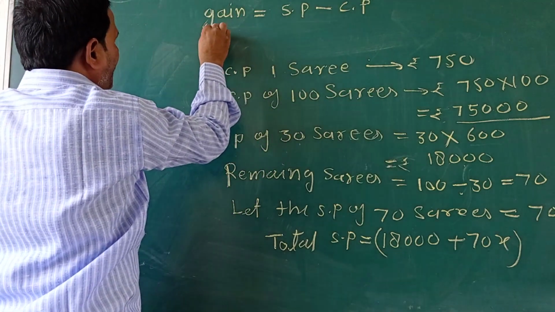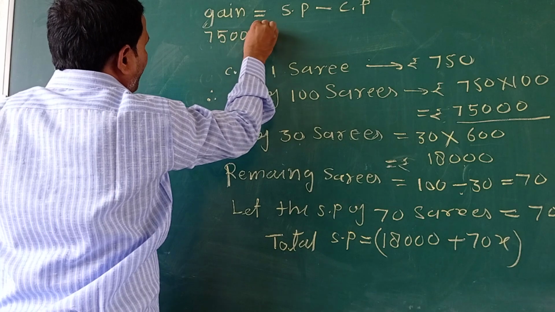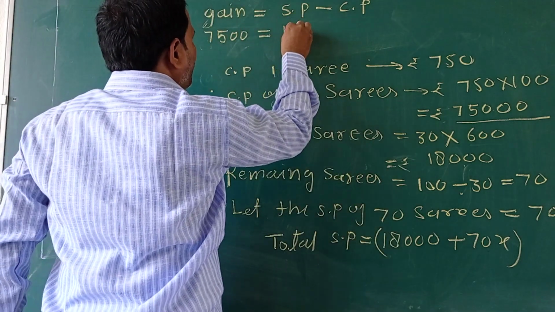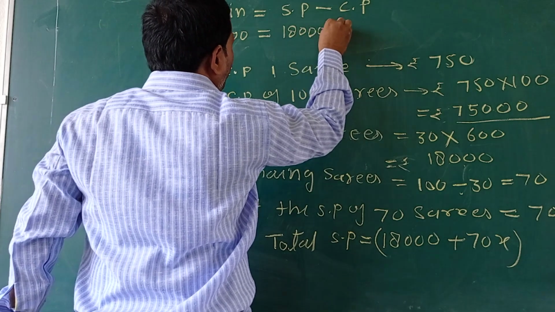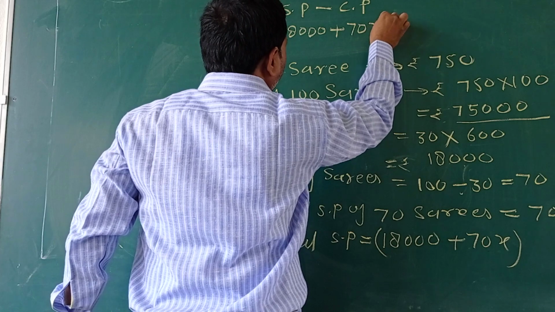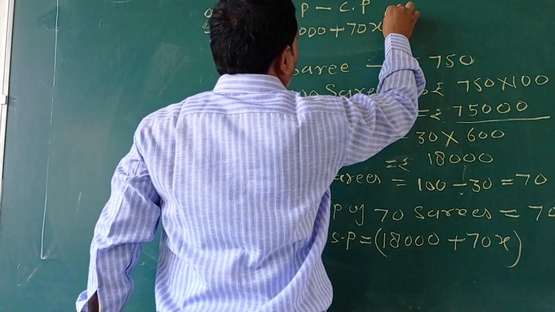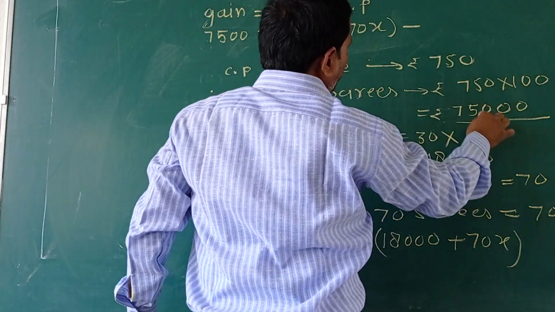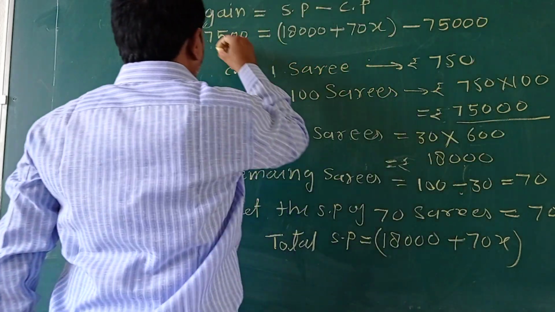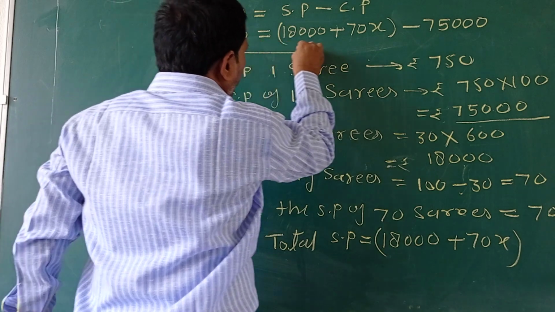Gain 7,500. ST is this one, 18,000 plus 70x, minus CP 75,000. You simplify this one, you will get the answer.